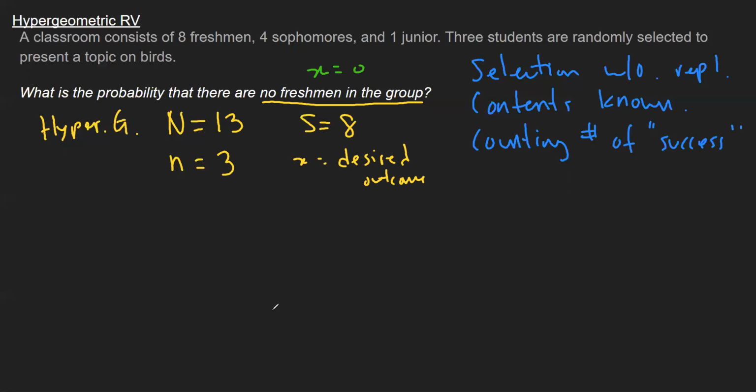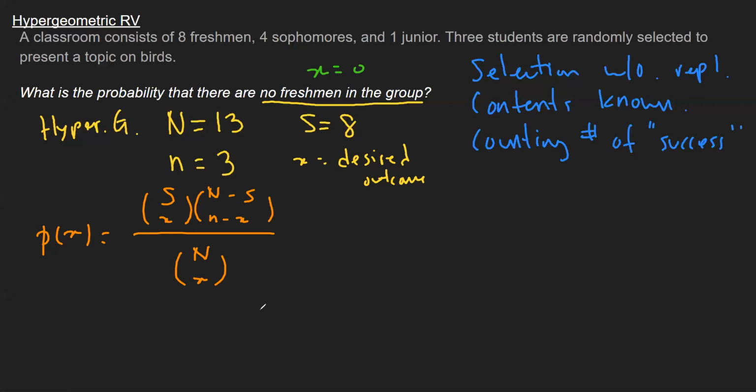So from here, I've got an equation. Let's write out the equation. Again, we've got a PMF equation. It's just a counting rule. That looks as follows. Now, this is a little sophisticated, so let's break it down.